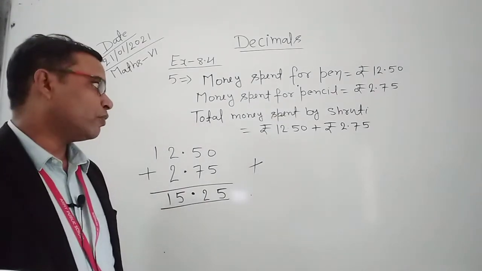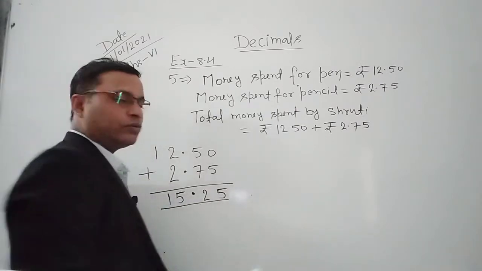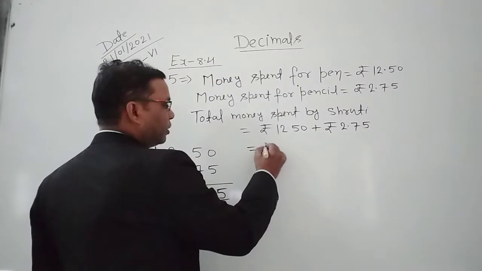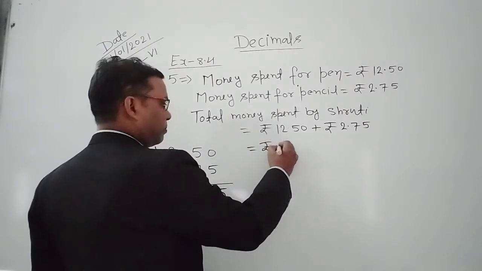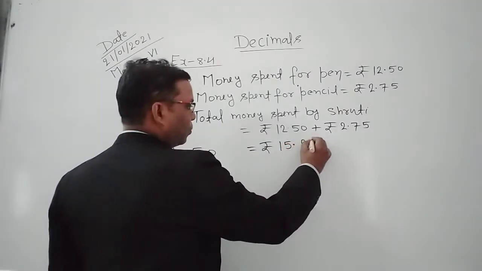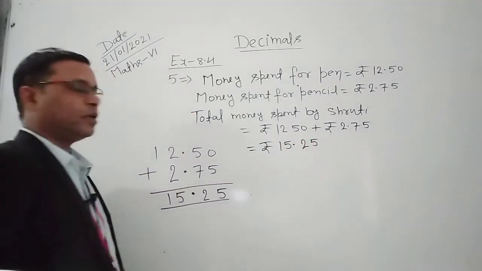We get 15.25. So we can write here rupees 15.25. Okay.